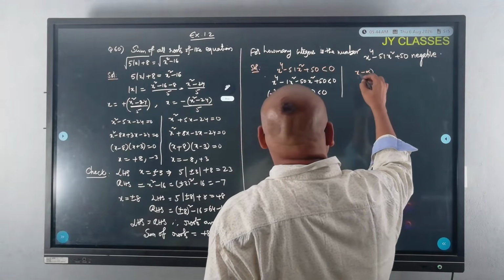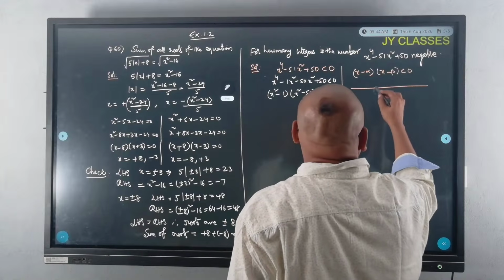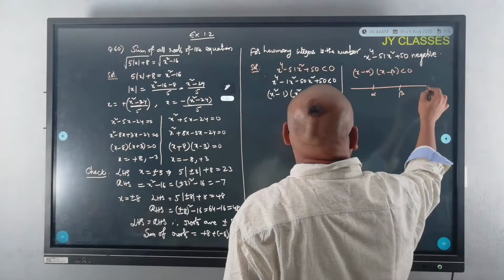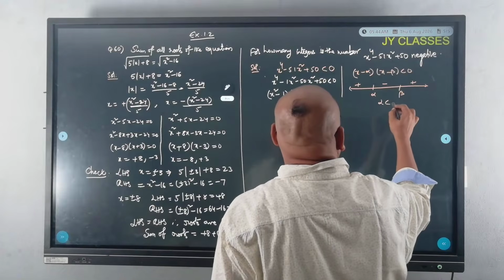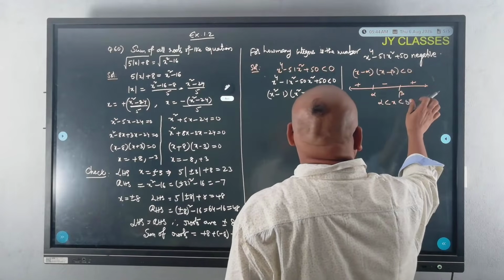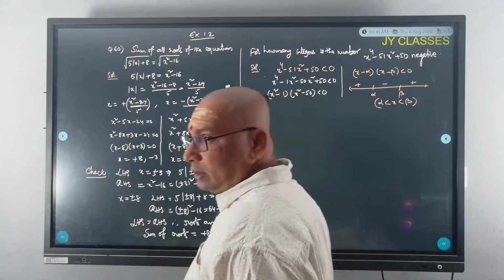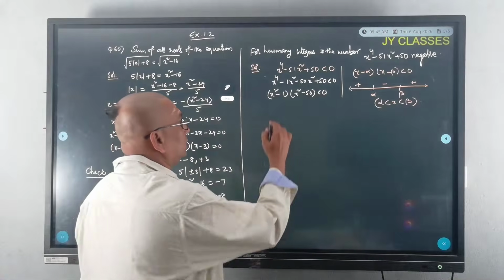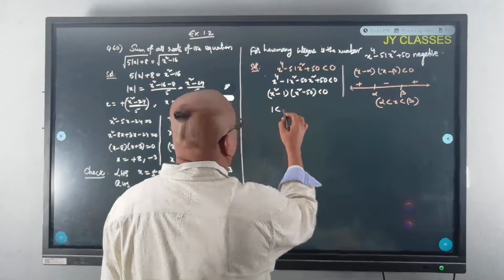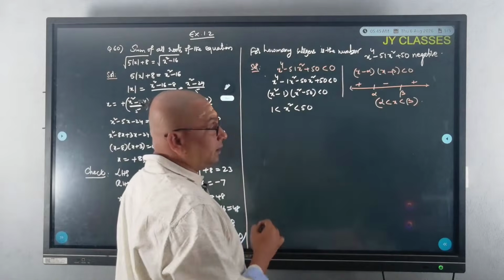You know, x minus alpha into x minus beta less than 0, the solution is alpha less than x less than beta. This is the solution. So now here 1 less than x square less than 50.